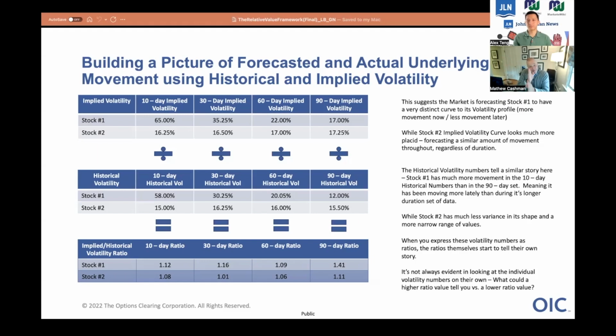That's the big difference you've got to keep in mind when you're trading this way. It's not perfect. It's just a way to get a good idea of whether those numbers are high or low relative to another number.